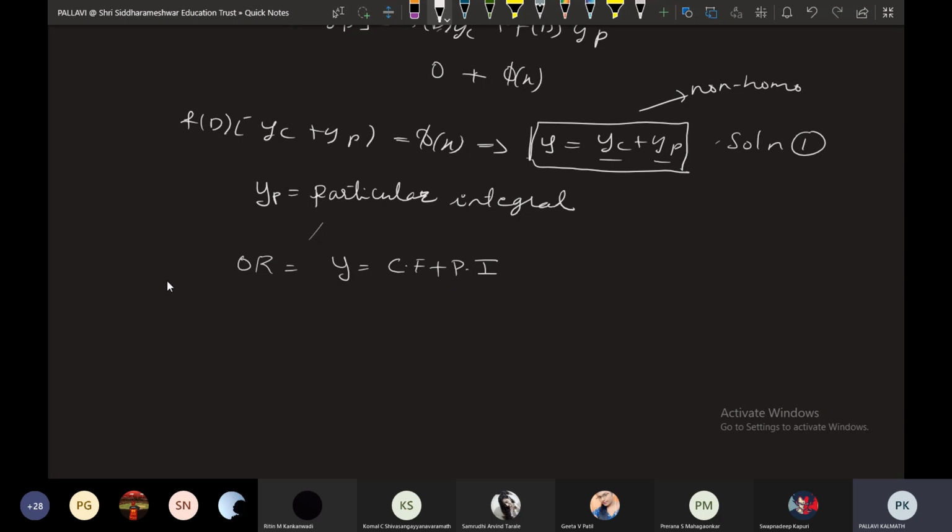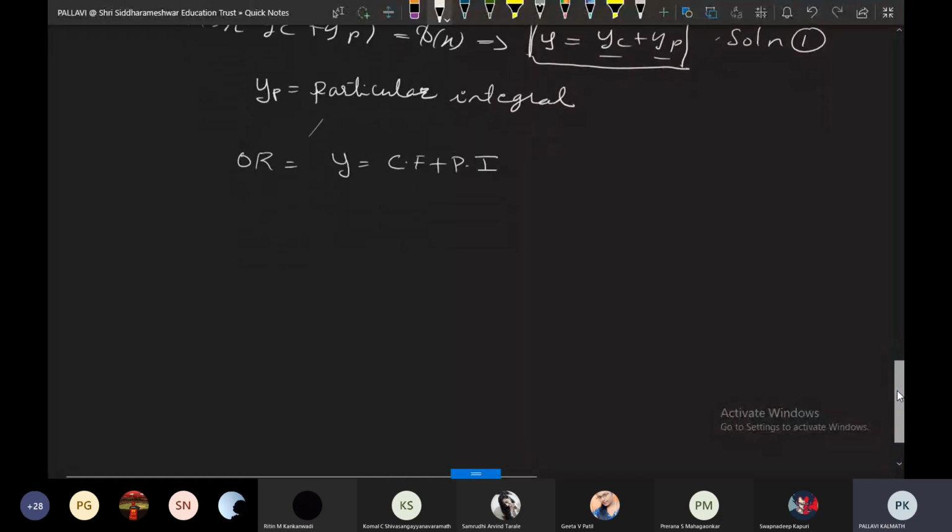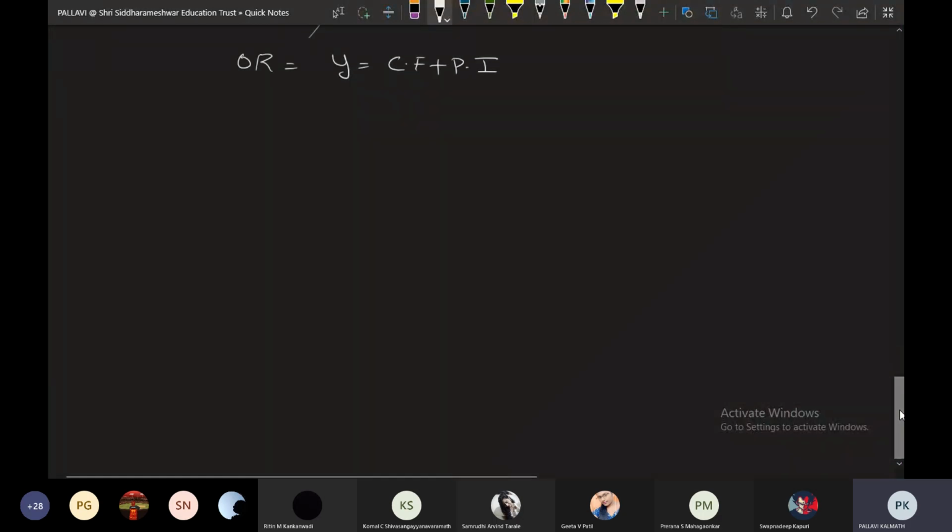So now, how are we going to find the complementary function? Here we are going to discuss roots. Whenever I give you a second order equation, order equals 2, how many values are you going to give me? 2, ma'am. These factors are also known as roots.